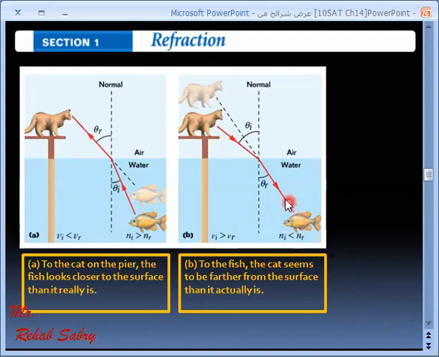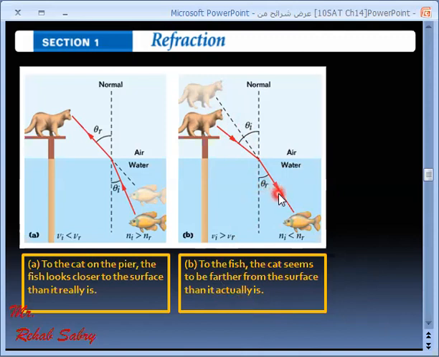So here the fish will see the cat along the light ray that reaches its eyes, as we explained last term. So to the fish, the cat seems to be farther from the surface than it actually is.